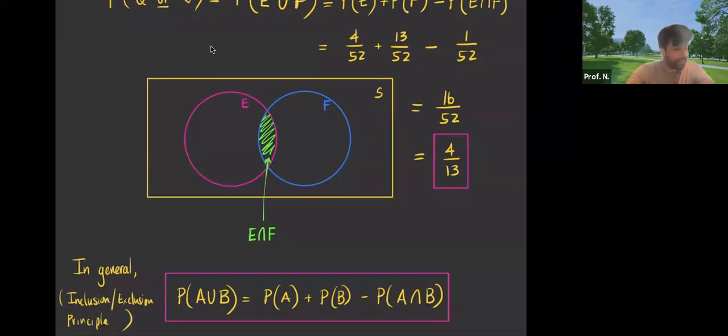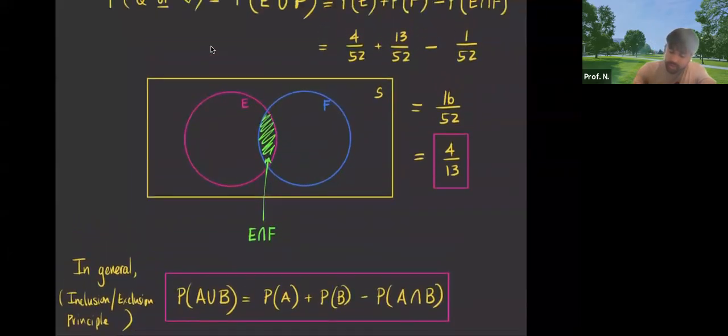Okay. Is that clear? So we talked about the probability of a union of mutually exclusive events. Now we've talked about the probability of a union of sets that are not necessarily mutually exclusive. So we have to consider the overlap region.